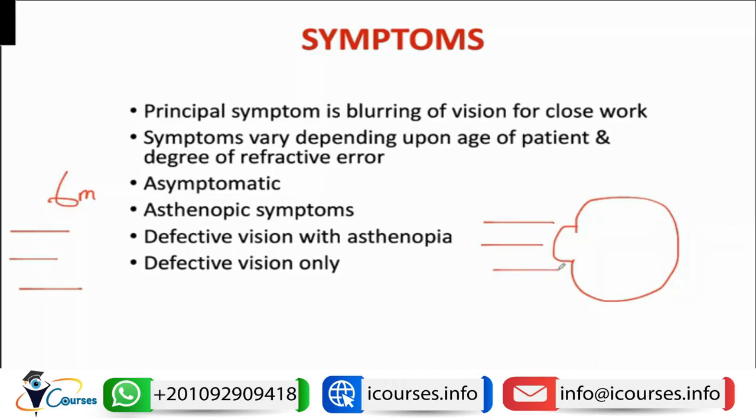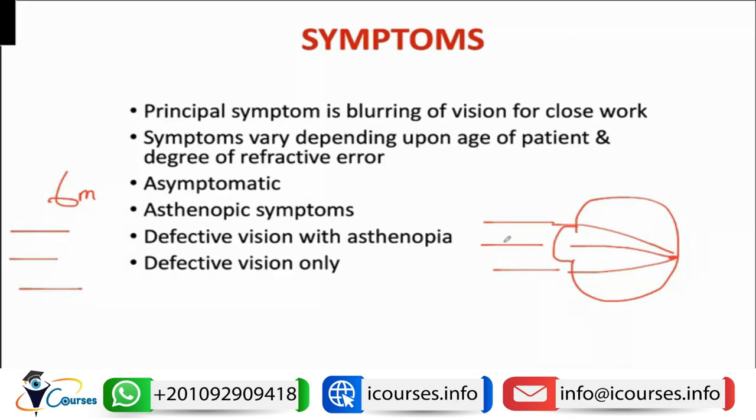So if the patient has hypermetropia and can still use some accommodation to compensate, they can converge these parallel light rays and bring them to a focus on the retina.